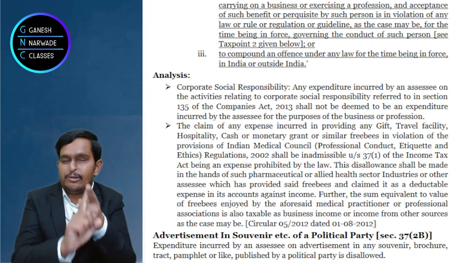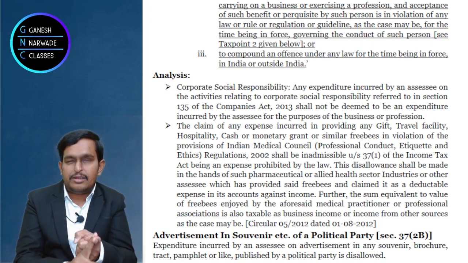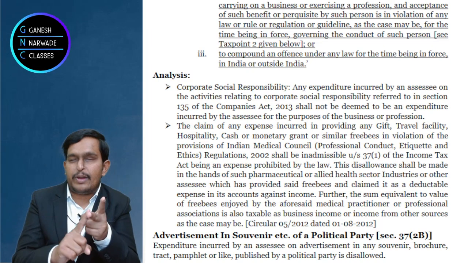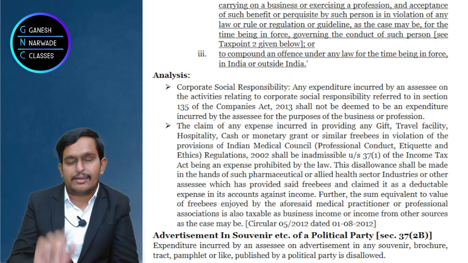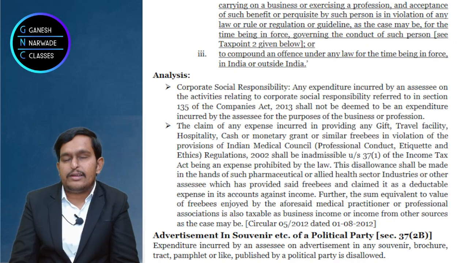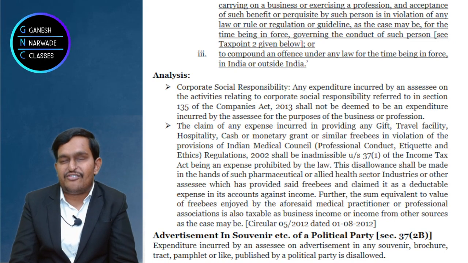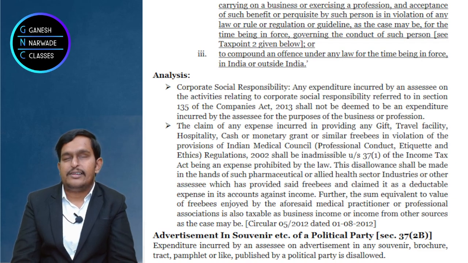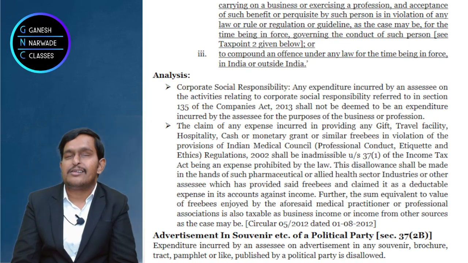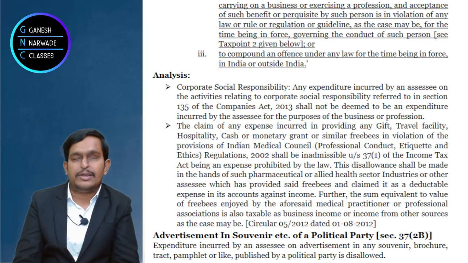So the doctor received it, for him it is taxable. But for companies, they are spending, it is not allowed as deduction. Moreover, the license of the doctors may also be cancelled if they are found in illegal activity, receiving such freebies for unfair actions they may be taking.